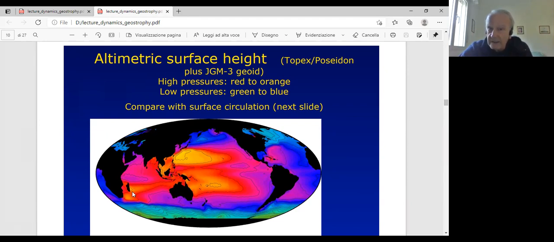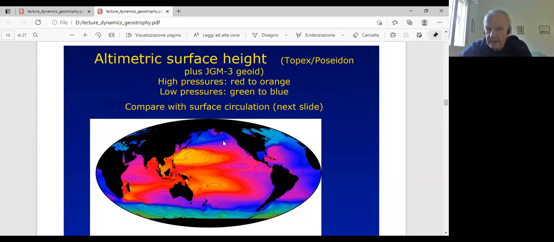The same thing you can see in the Pacific, in the Indian Ocean, and a similar thing you may see in the Atlantic.